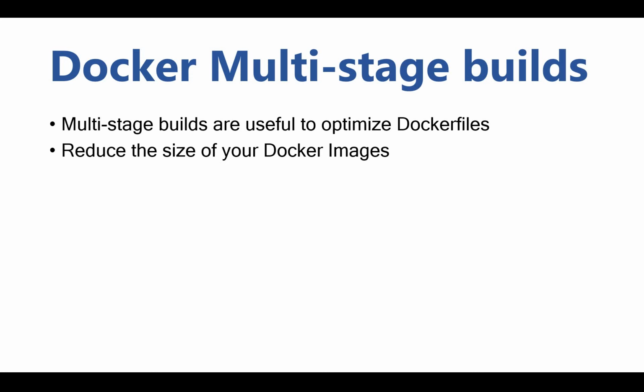So overall, these are the two benefits which I feel using multi-stage Docker build will give you: optimizing your Docker files and also reducing the size of your Docker image.